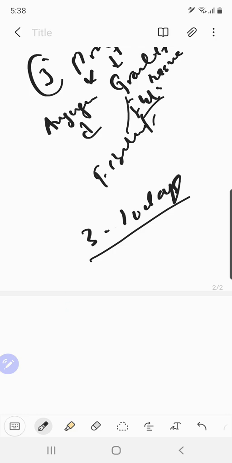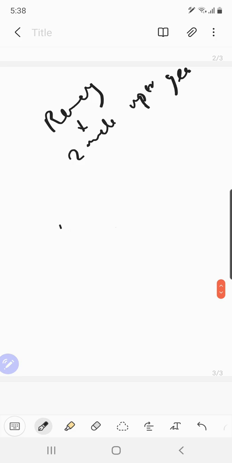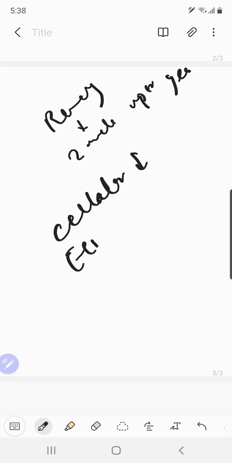These things occur. The final phase is the remodeling phase, and this phase lasts from 2 weeks up to years. During this phase, the cellular content decreases due to the process of apoptosis, and the extracellular matrix content increases.